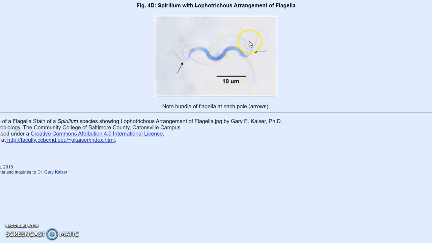So you can see what looks like these little wispy hairs, and you can kind of understand why we use that Latin root for hair, trich, T-R-I-C-H, to represent the flagella, because they do look like little hairs. So this would be a lophotrichous arrangement.